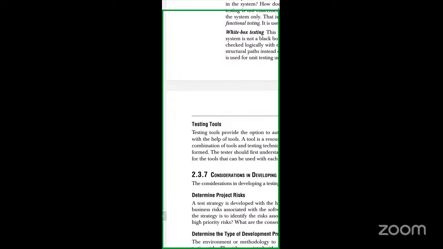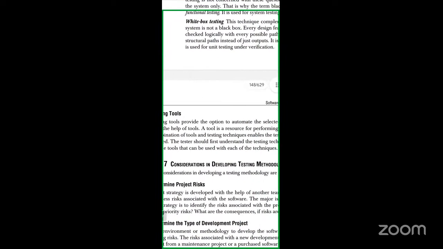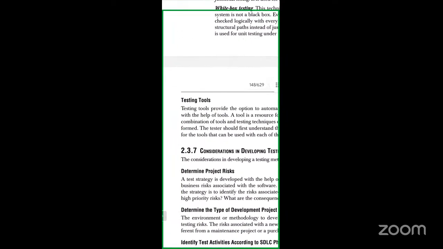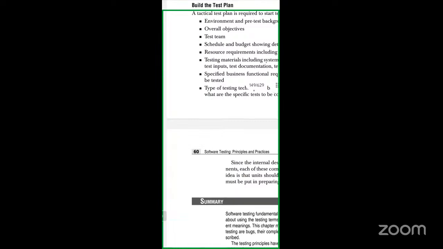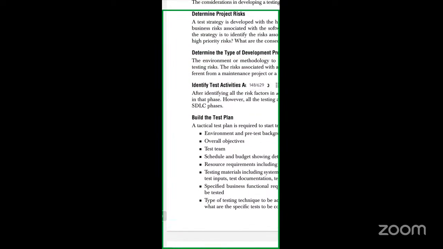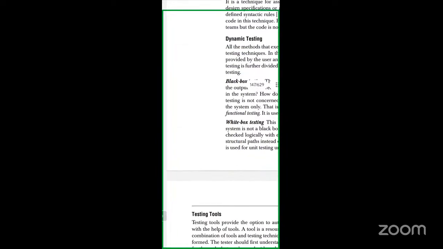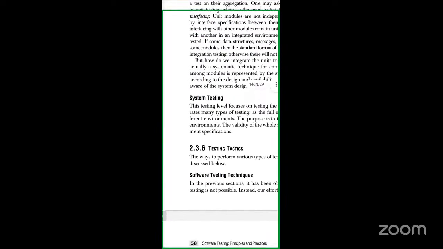Then we will be having the considerations in developing testing methodologies, where we will be determining the project risks and how we need to overcome those project risks with the help of building a test plan. So this is what is there in this particular portion.